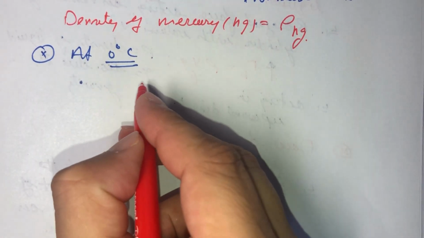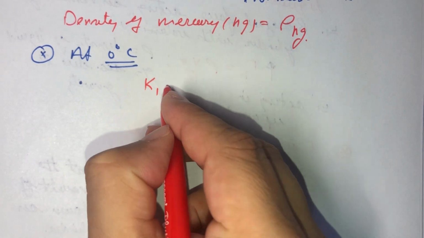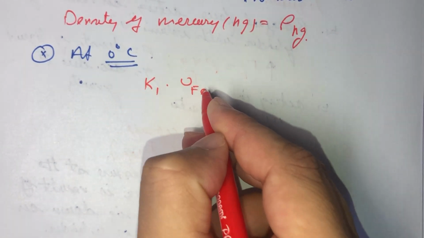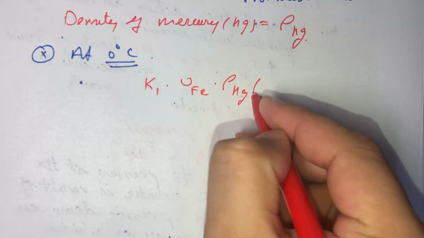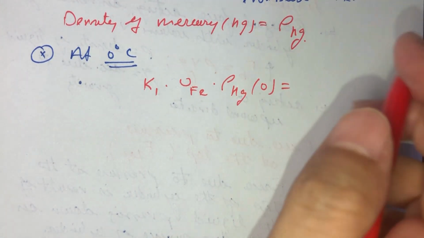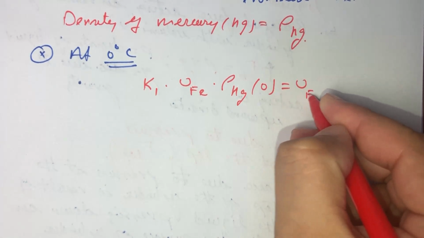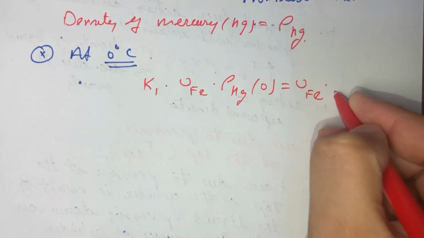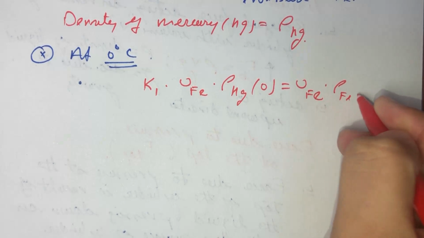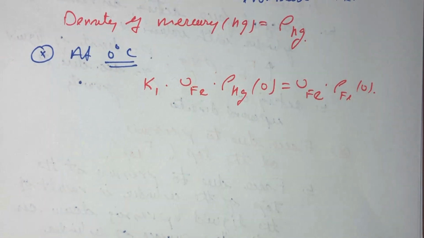So K1 times volume of our iron block times density of our mercury at 0 degree centigrade will be equal to volume of iron multiplied by density of iron at 0 degree centigrade.